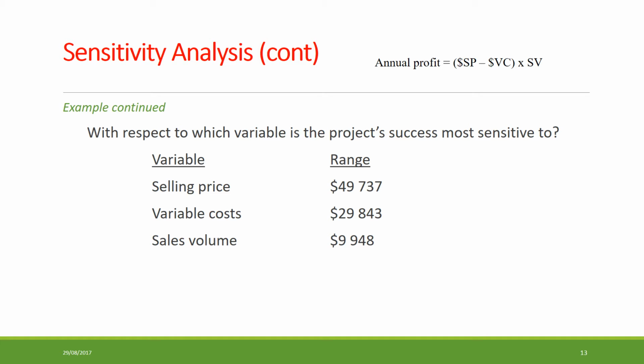So to summarize, these are the results for our sensitivity analysis. Out of all the three variables, we see that the NPV is the most sensitive to selling price, and also the range of the NPV is the highest for the selling price.